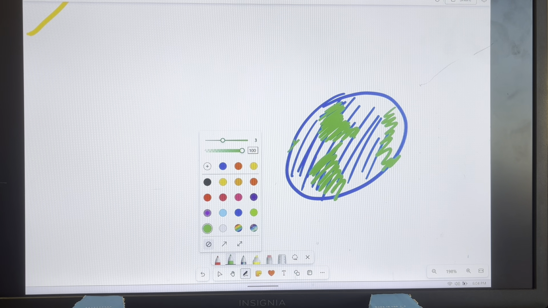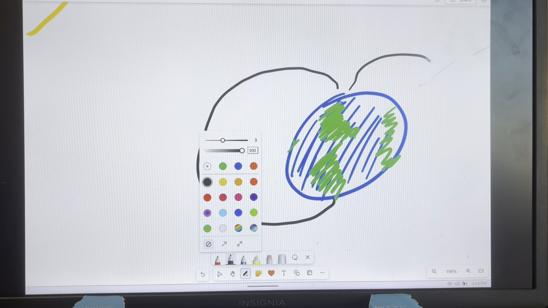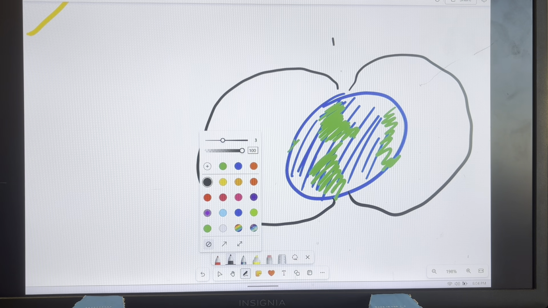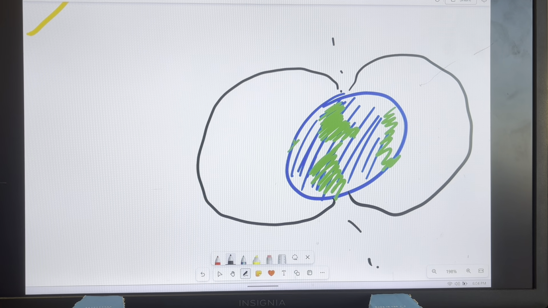Right, this is our Earth. Now, the magnetic field lines of the Earth are in a perfect circle from our slightly tilted magnetic north and magnetic south, which is actually, let me, how do you erase this? There we go.